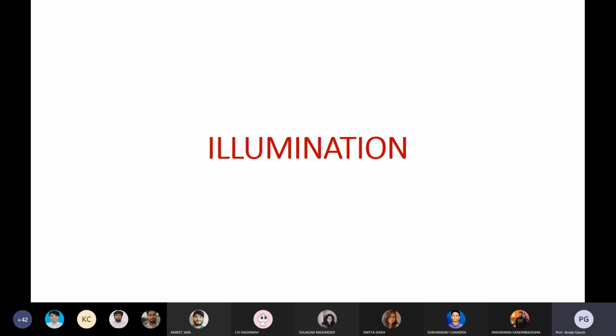From the chapter title, illumination, you can understand that it is related to light.